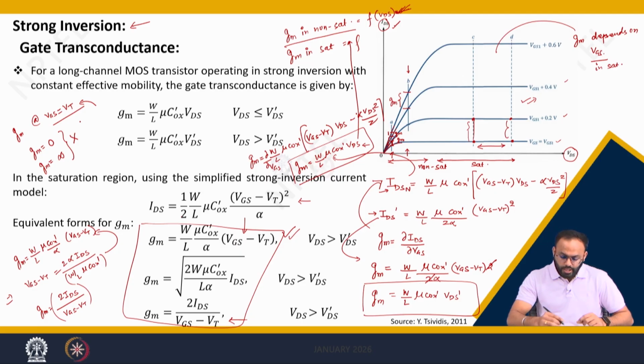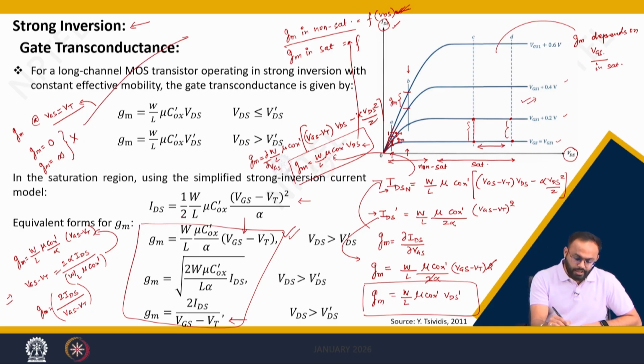You cannot simply use models derived for strong inversion in weak inversion. So, you have to have a separate region of modeling where GM is given by different equations in different regions of operation.